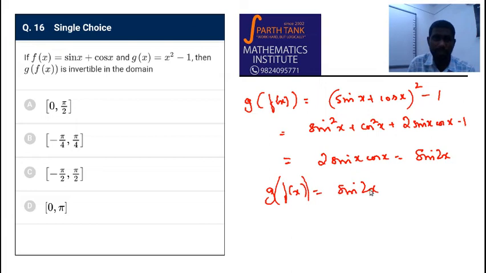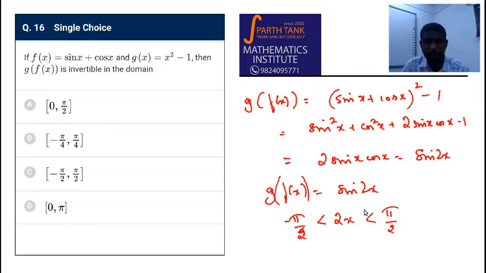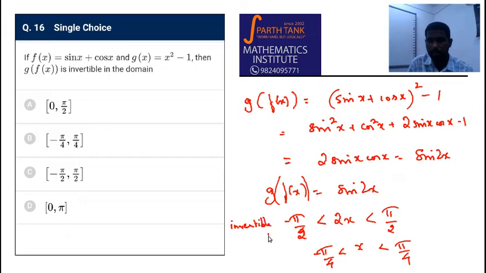Now the function sin 2x is invertible if 2x is between minus pi by 2 and pi by 2, right? Then it will be a unique value function. Therefore, x should be in the limit minus pi by 4 to pi by 4. This is invertible if, so for 2x, this is a condition.